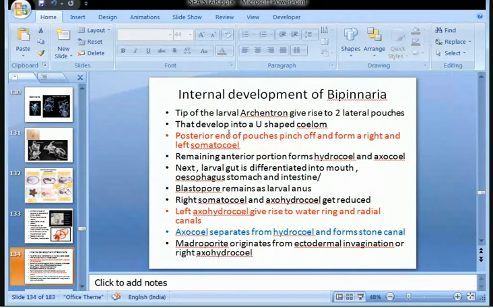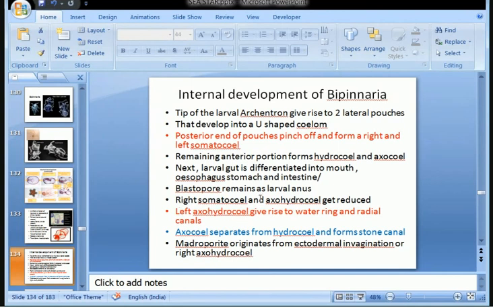Then the right somatocele and exohydrocele on the right side get reduced. Right? The further development occurs in the left exohydrocele because it is a bilaterally symmetrical larva. So there is a left part and a similar right part.